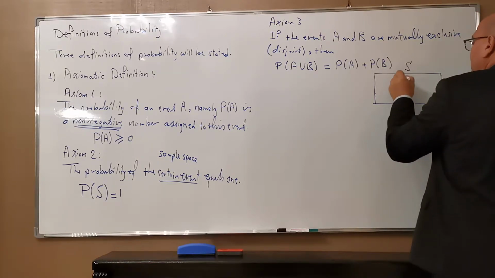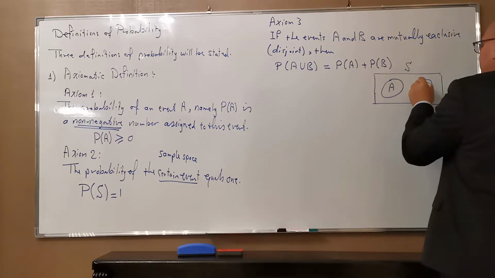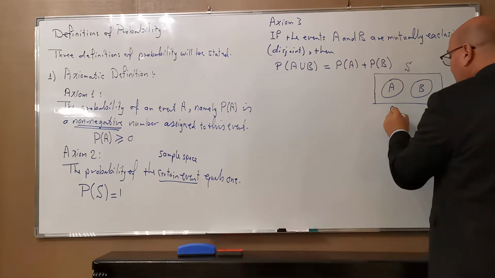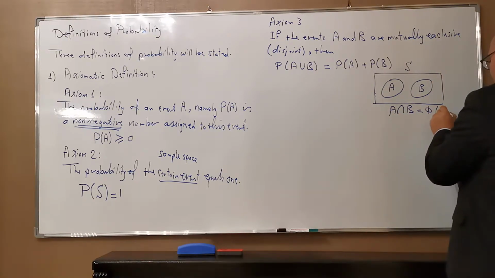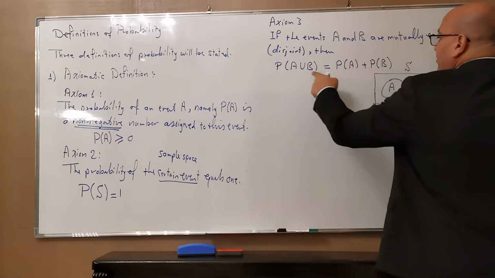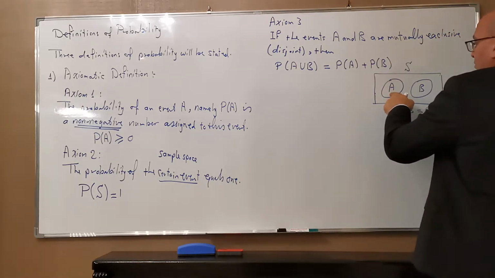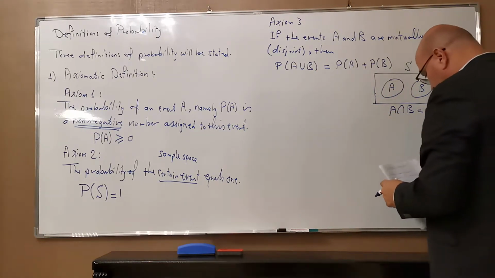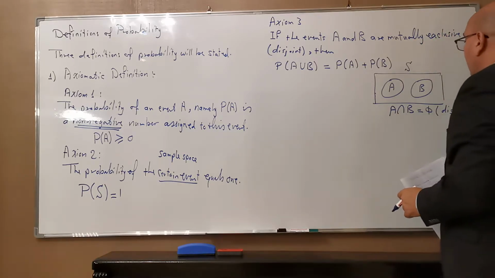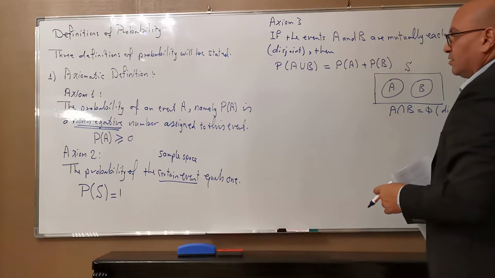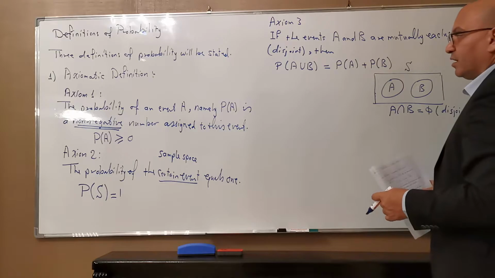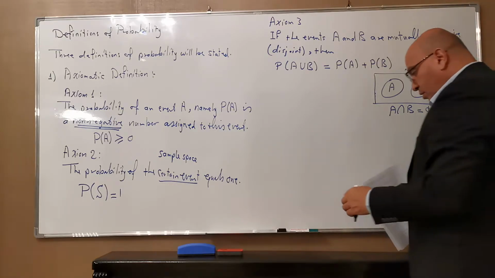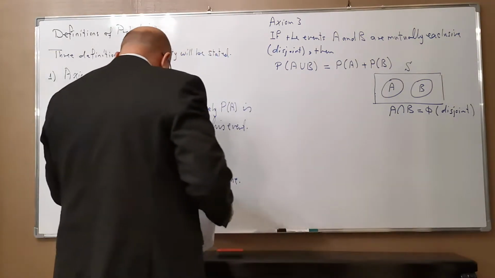If you have S, you have A, and you have B, and A intersection B is equal to phi. This is the disjoint condition. Then the probability of A union B is equal to the probability of A plus the probability of B. Okay, those are the three axioms that the axiomatic definition is based on. Okay, let's move to the next definition.